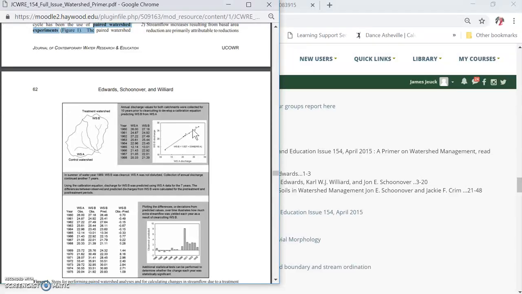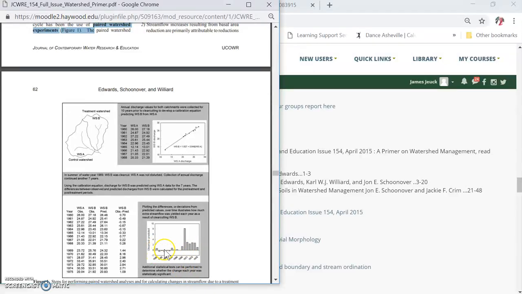They know what watershed B should have been, but it should be right here. But watershed B is now way up here. So they're able to say, oh, we get this much more water on watershed B than what we predicted would come off of it. And that's how they build these charts.